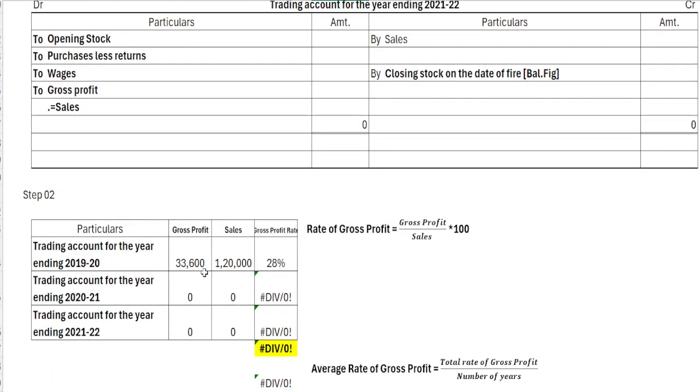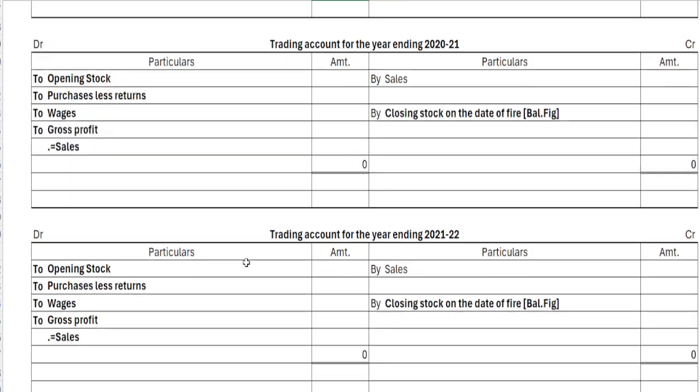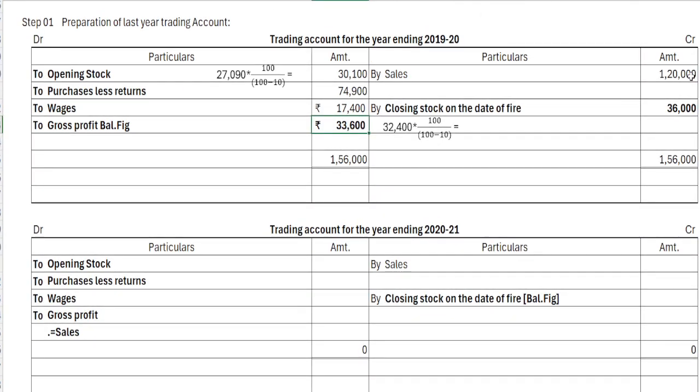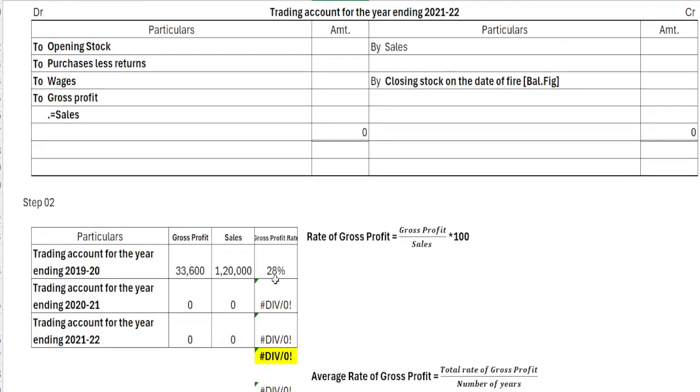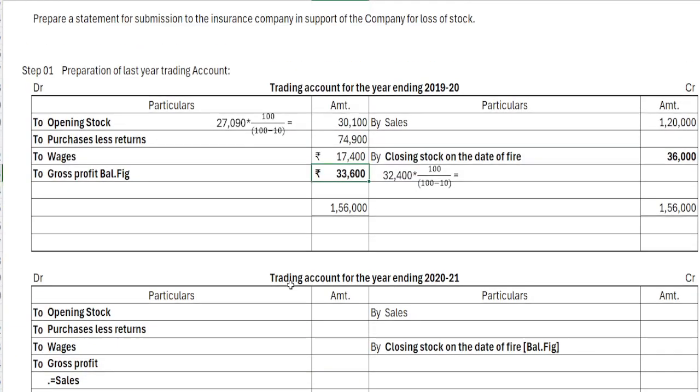Sales is 1,20,000, and the gross profit rate for the year ended 2019 and 2020 is 28%.